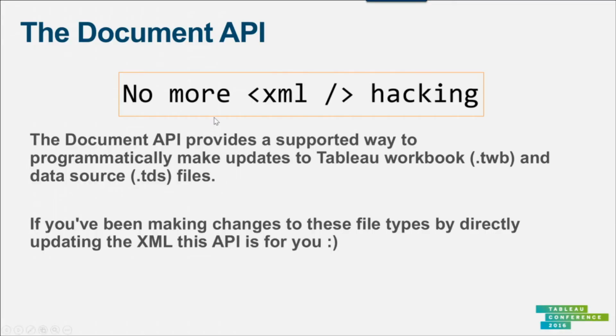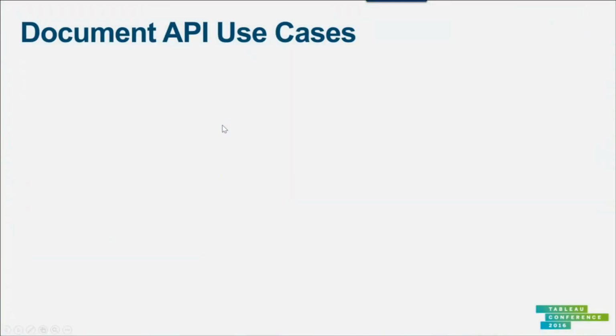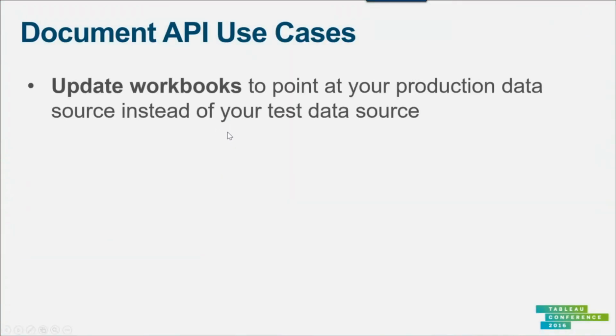Okay, so let's talk about some other use cases where you might consider using the Document API. The first one is what we've just seen. It's allowing you to switch the underlying data source in your Tableau workbook. Probably the most common use case I see for this is customers moving between different Tableau Server instances or possibly different sites on the same Tableau Server.